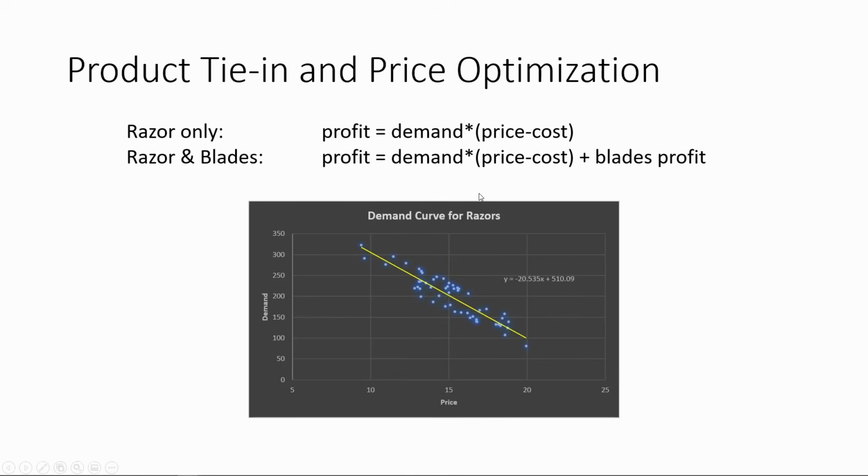And then we're going to compare, using these two different methods, how the optimal price levels differ from each other and how much more profit we may be able to gain if we optimize the price based on the overall profit. You will find more details in the Excel video separately.